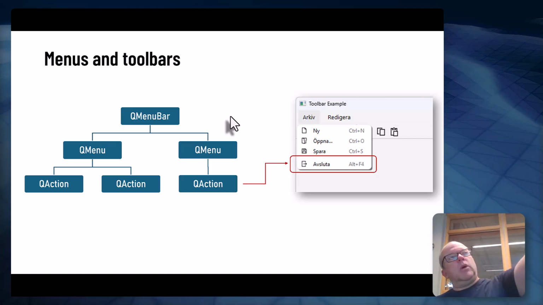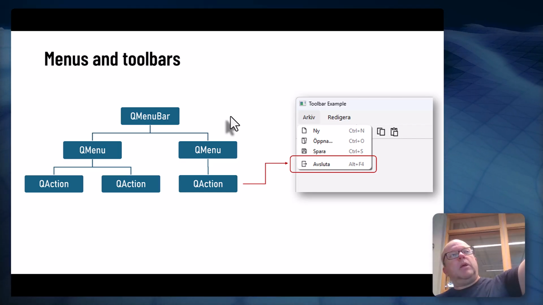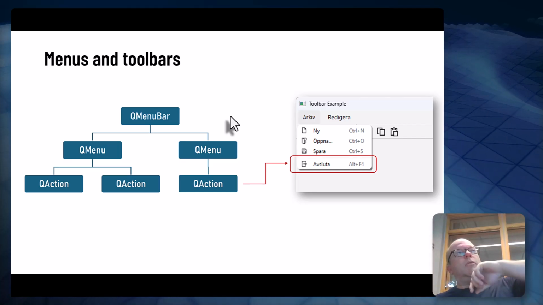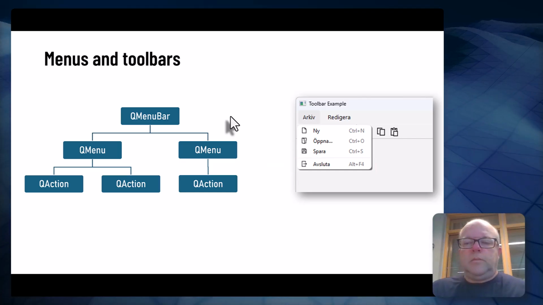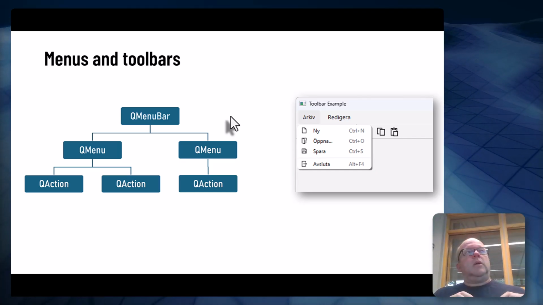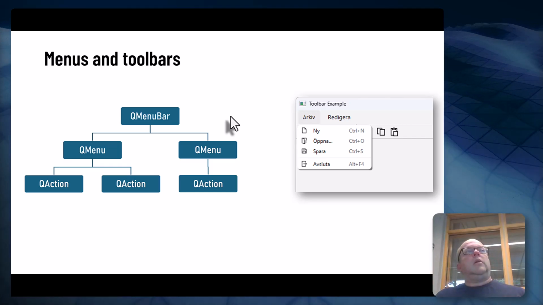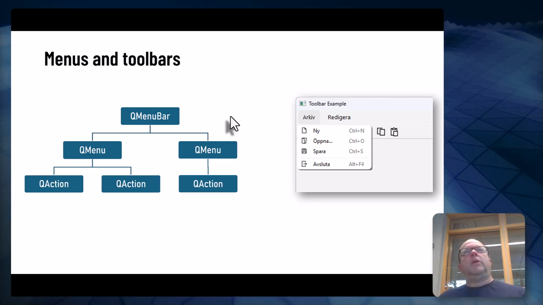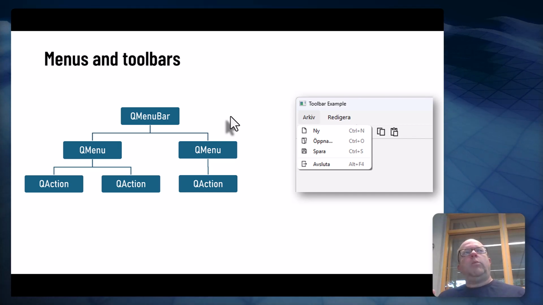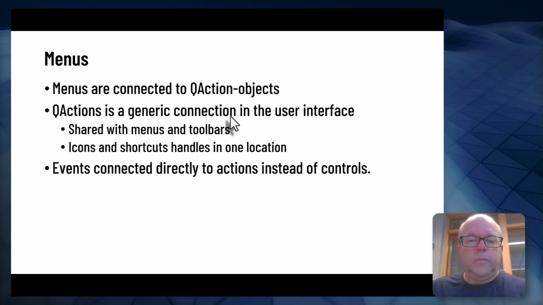You can also see that we are sharing the icons: the menu has the same icons that we have for the toolbar. Then you connect your methods to the action. So you don't create a specific event for the toolbar button. Instead, you connect the action to the toolbar button and the menu, so you don't duplicate code.